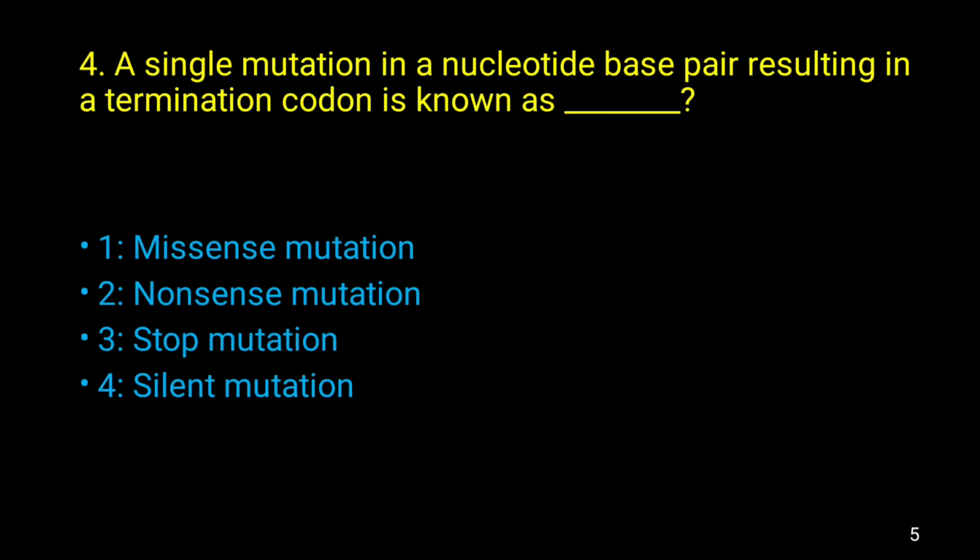Another is missense mutation, which is of three varieties: acceptable, partially acceptable, and non-acceptable. Acceptable means a change occurs but makes no difference, for example aspartic acid replaced by glutamic acid, or glutamic acid by aspartic acid.